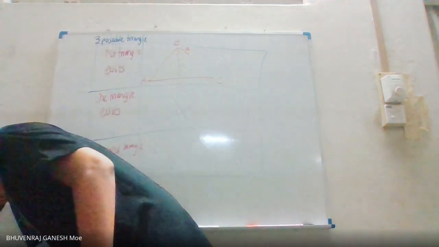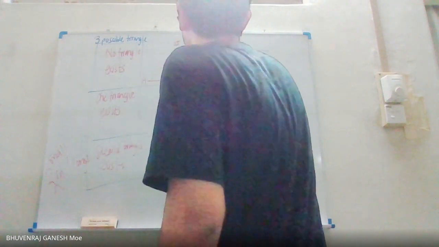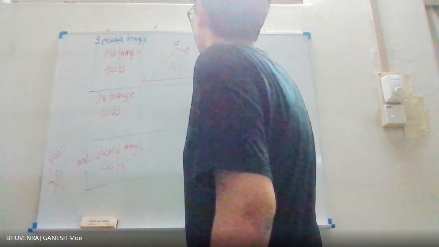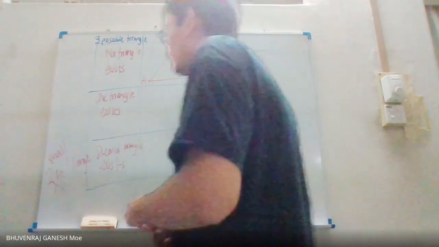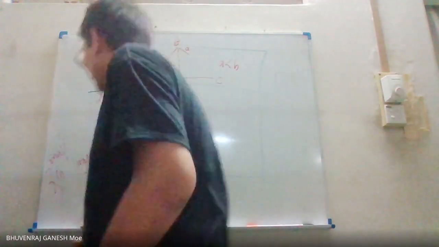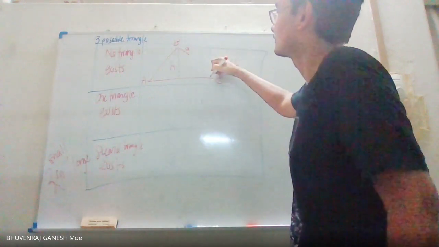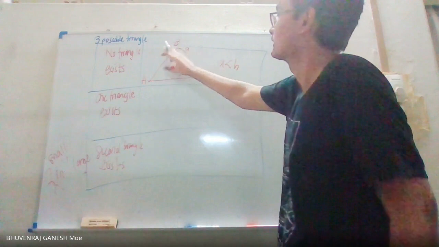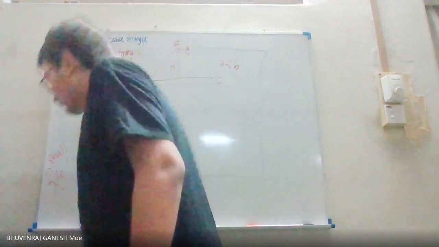So this is the condition where A is less than H. So you can see clearly here, this is the height, this is the length of A. So definitely A is shorter than H in terms of distance. So that's why we can't form completely a triangle. Because when you form like this, it is only considered one triangle. This is not a triangle yet. So that's why they call it no triangle.